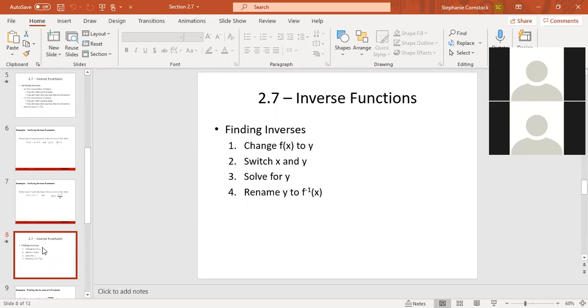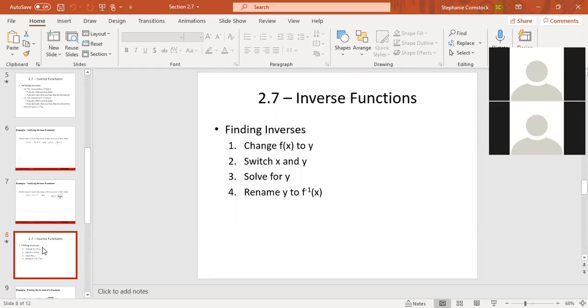So what's going to happen with this is if they give you f of x, you're going to change that to a y. This is just so that we are not having to deal with f of x and an x in the same problem. The next thing is we are literally going to switch x and y, like quite literally flip-flop them. So instead of having a y equals thing, you're now going to have an x equals thing, and it's going to have y's in it.